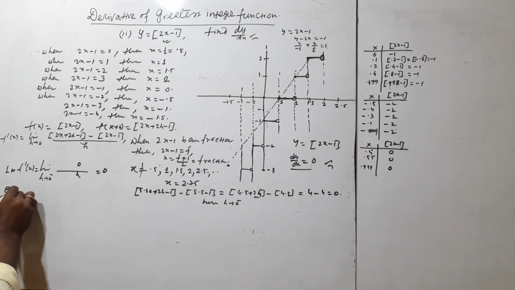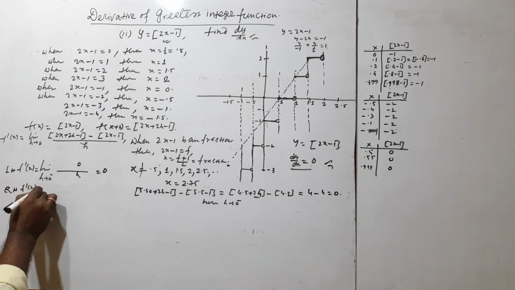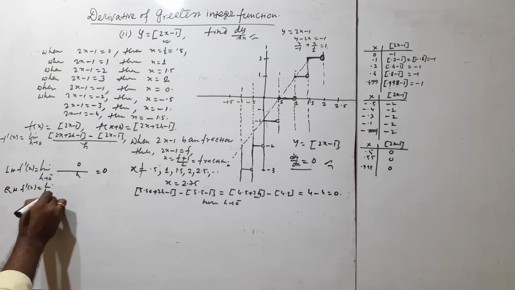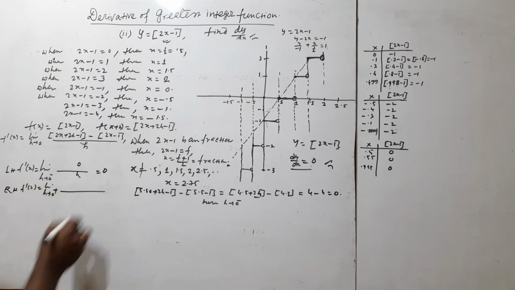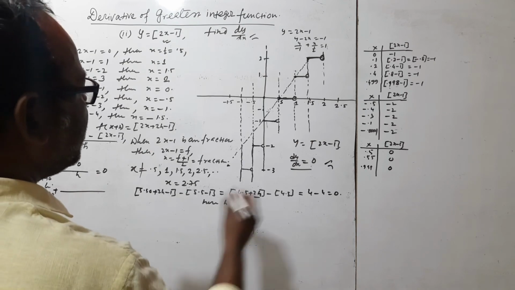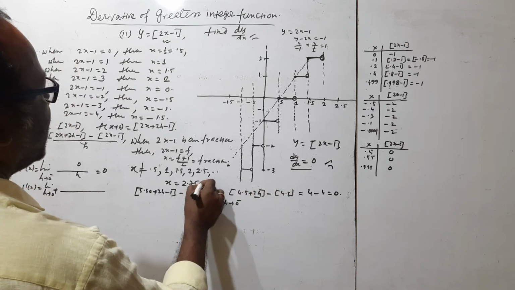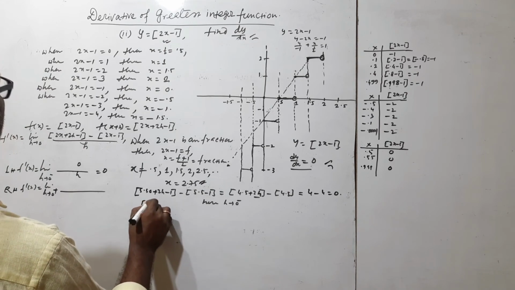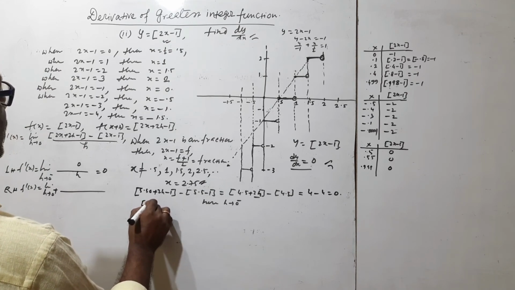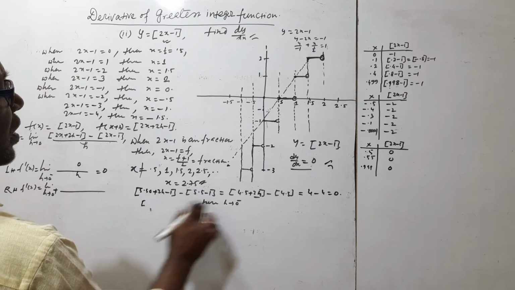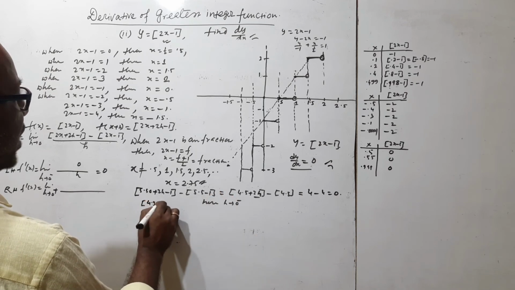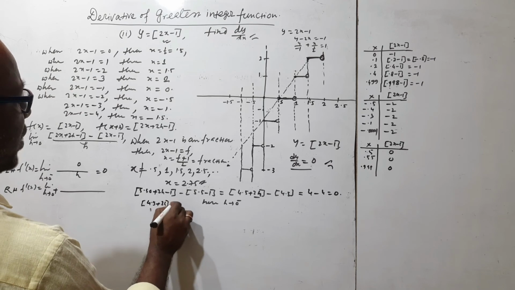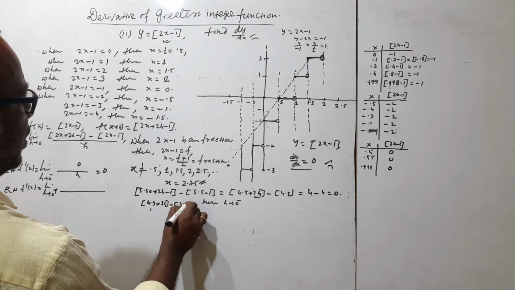So the right hand f dash x is equal to limit h tends to 0 plus. Again if we take a number like that, see what happened here. This is 4.5 plus twice h minus 4.5, for example.